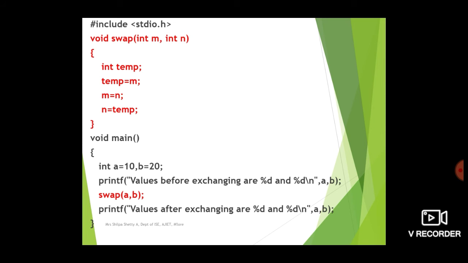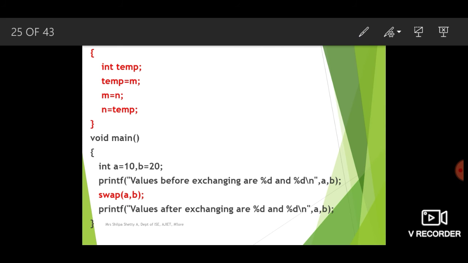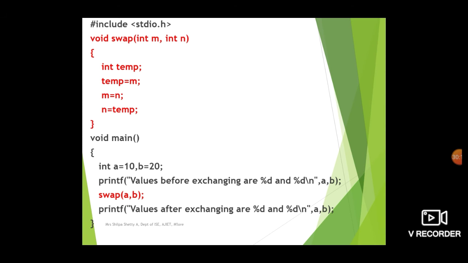We'll start with hash include stdio.h, void swap int m comma n. So m comma n are the formal parameters here. Whenever we have to swap any two values, we need a temporary variable. So first let us define the temporary variable, int temp. Then we have temp is equal to m.